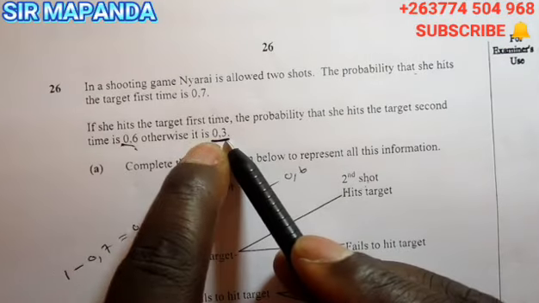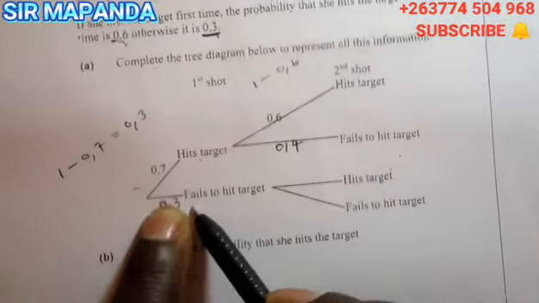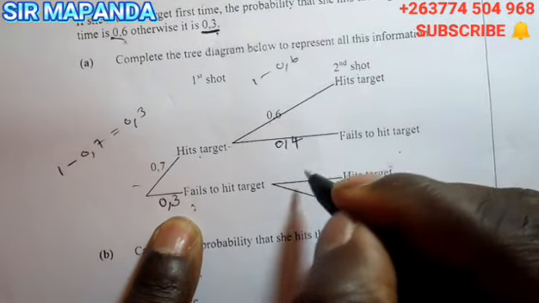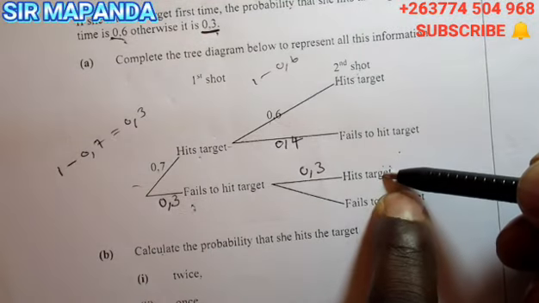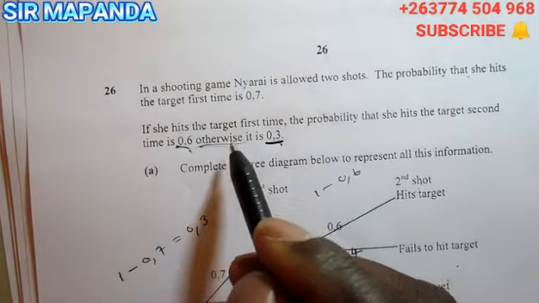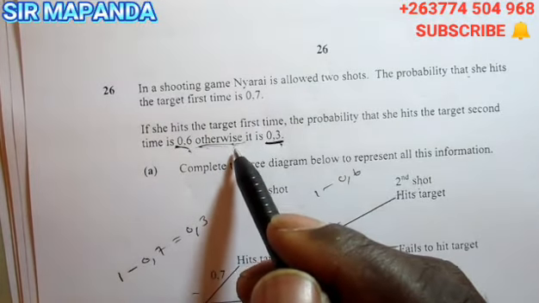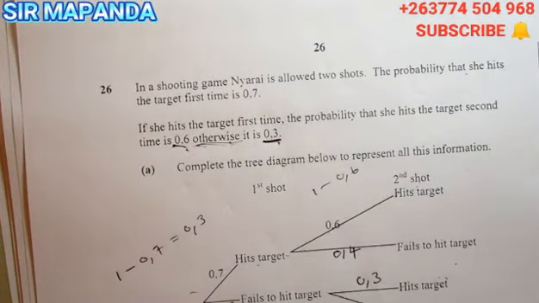Then 0.3 is the probability of hitting the second target after failing to hit the first target. So this is the position of 0.3, the probability of hitting the second target after failing. So otherwise means when Nyarai fails to hit the first target, she will hit the second target with a probability of 0.3.